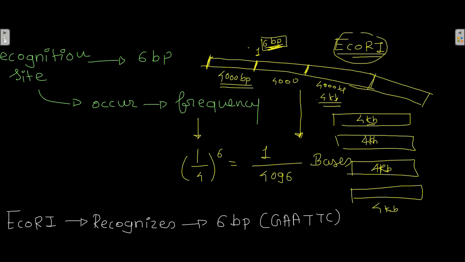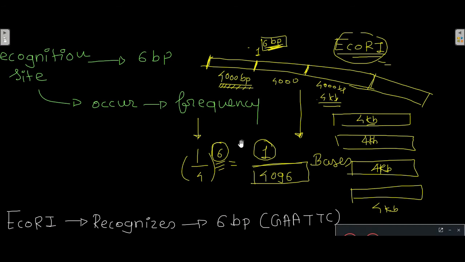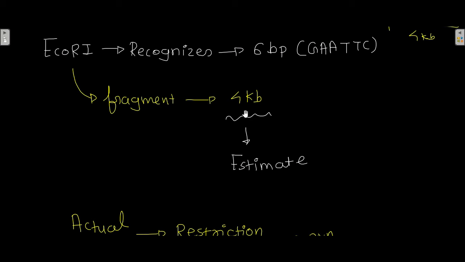Because the frequency at which its recognition site occurs on a DNA is estimated to be after each 4000 base pairs. In each 4000 base pairs there will be one recognition site for EcoRI, because the recognition site has 6 base pairs. Now this is an estimate. This 4 kb fragment will be produced by the action of EcoRI. This is just an estimate.